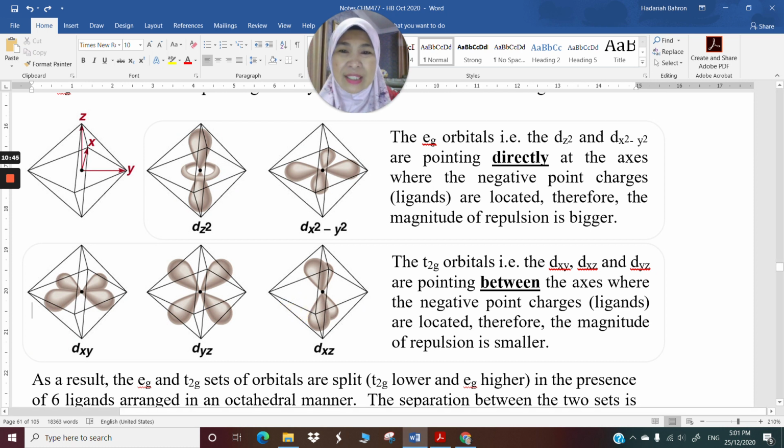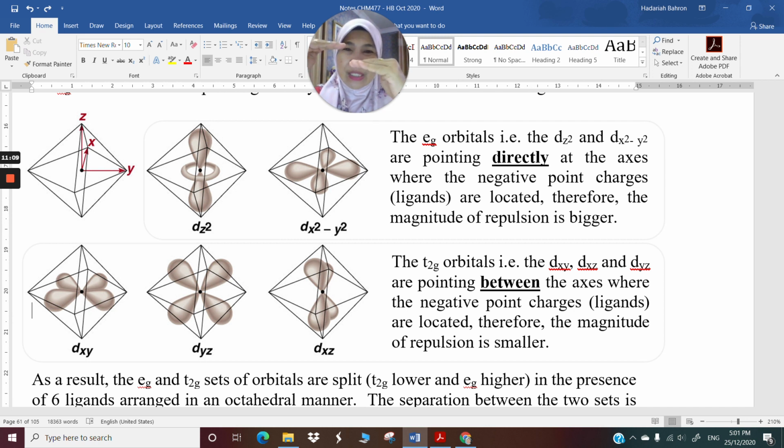They are initially in the same energy level, if you can recall. So one is repelled quite a lot, so it goes up. Another one is repelled a little bit. It goes up also, becomes less stable, but now they are no longer at the same energy level. They are having the degeneracy removed.